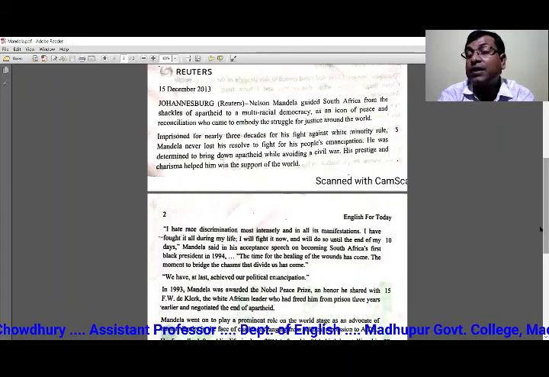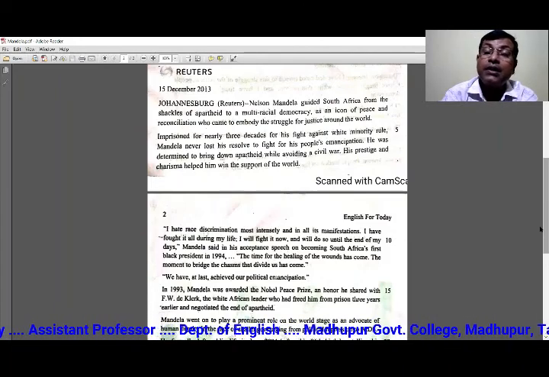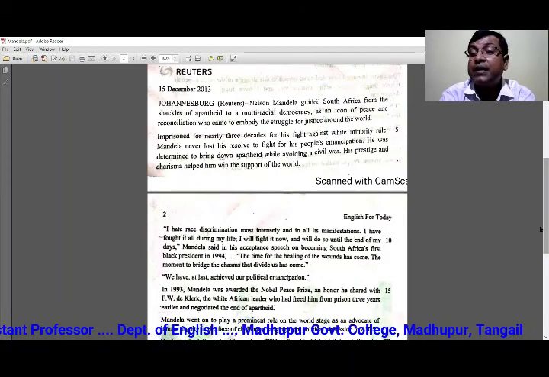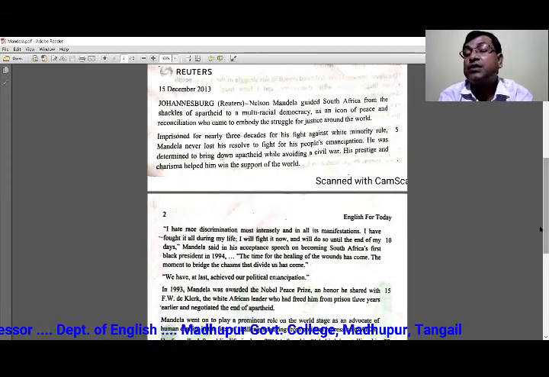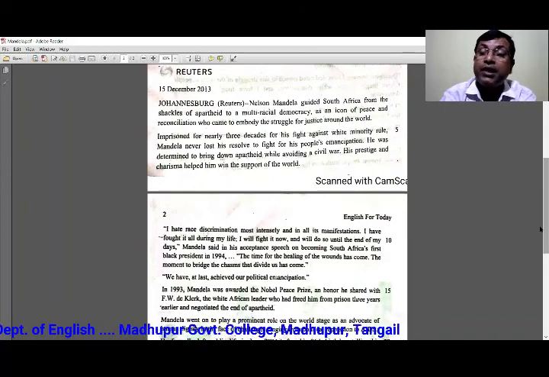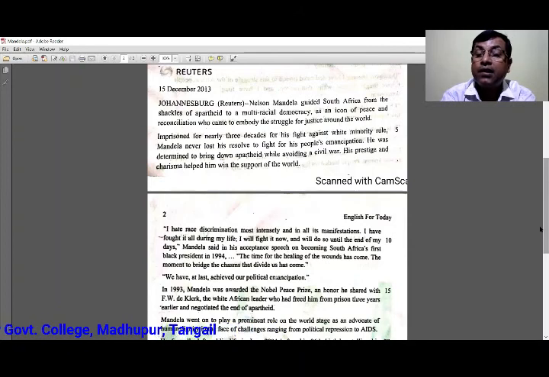It also suggests that Nelson Mandela does not bear any grudge against the white people. Rather, he wants to stay with them in the same society. He longed for equal position or equal existence of the black people and the white people.